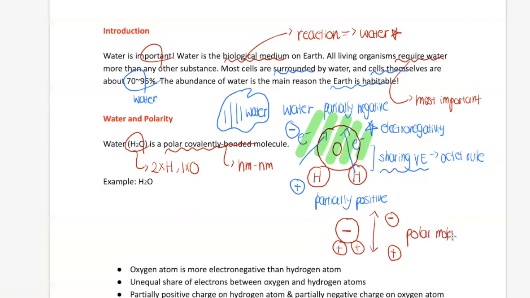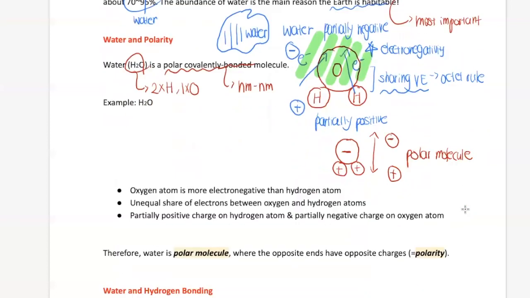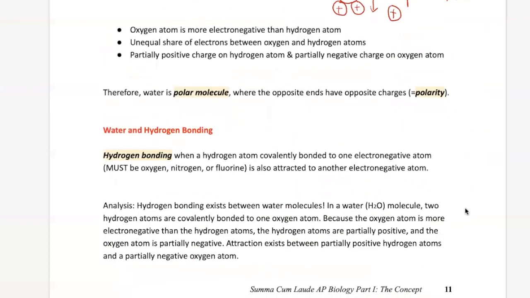So water is polar. Based on these observations, we conclude that water is a polar molecule where opposite ends have opposite charges. We call the characteristic of certain molecules being polar polarity, because it's one of the major attributes of a water molecule.